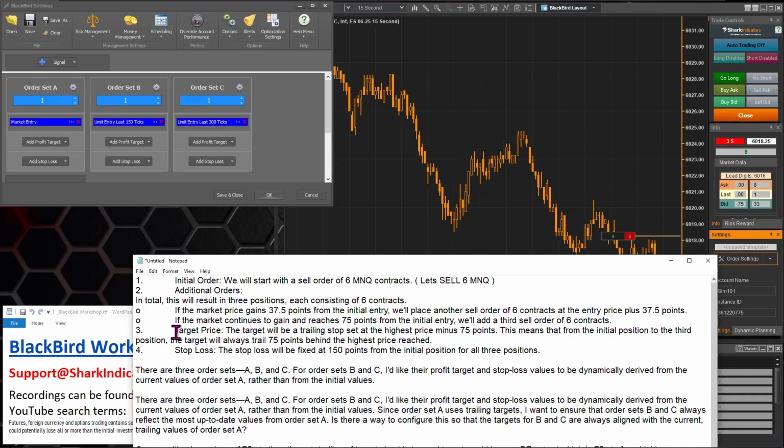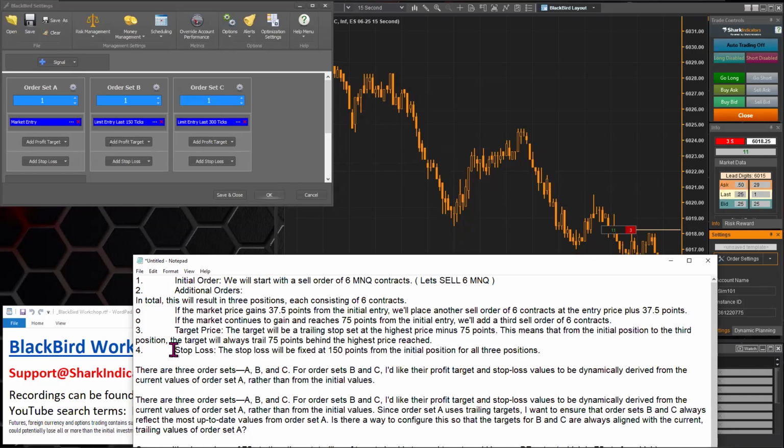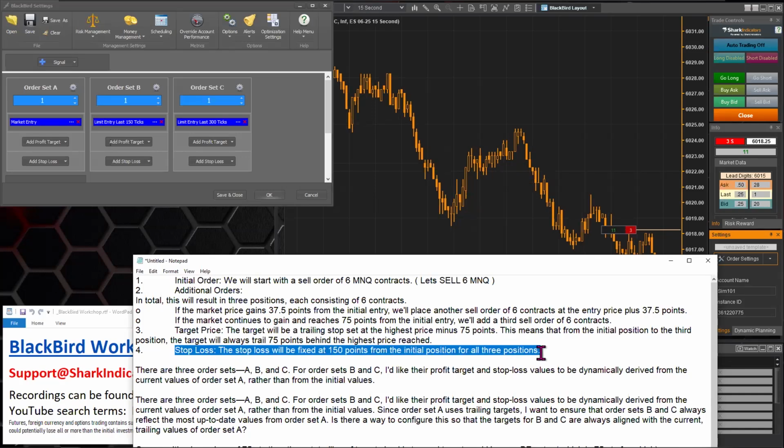So next part, let's take care of the easy part here. The stop losses are really easy. It's just 150 points from each entry price. All right, so let's set that up here.